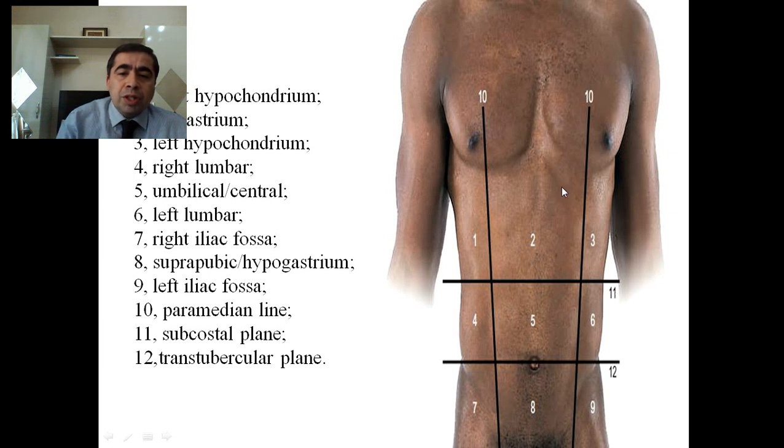The upper story is the epigastrium, the middle story is the mesogastrium, and the inferior story is the hypogastrium. Of course, we will talk about these parts of the abdominal wall separately, and explain their clinical importance separately.